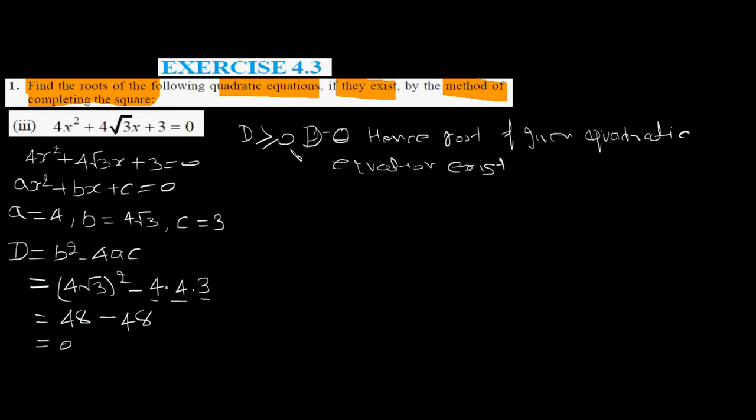Why do they exist? Because the value of d is greater than or equal to 0, and in our case the value of d is 0, so it is satisfying this condition.